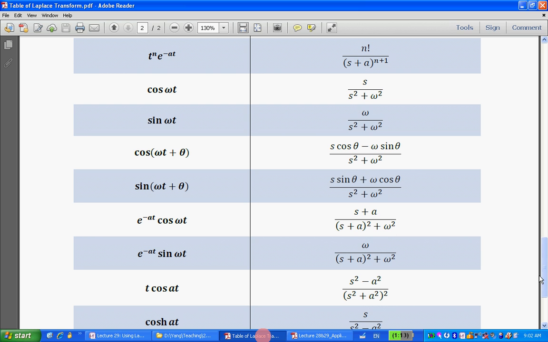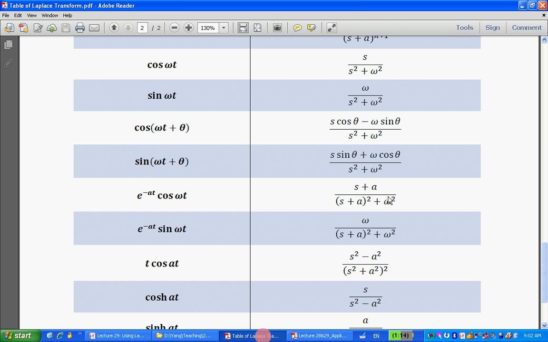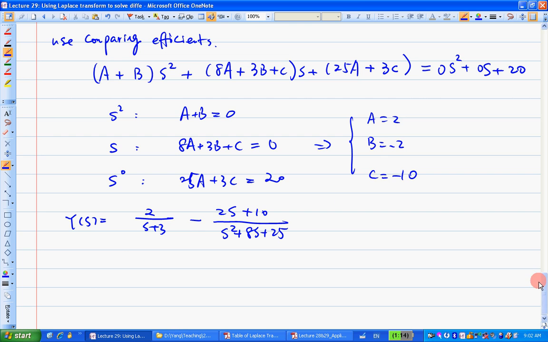Okay. So then the next thing to do, if this is the one, is to strive to match what we have here in order to use the table. So here's basically the trick that you're going to try. Let me rewrite one of these right here.